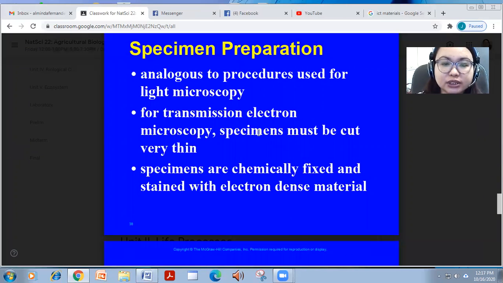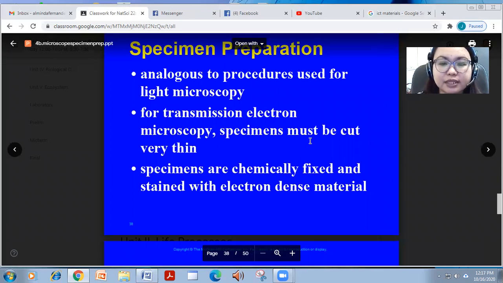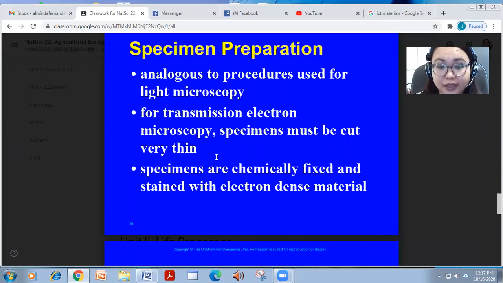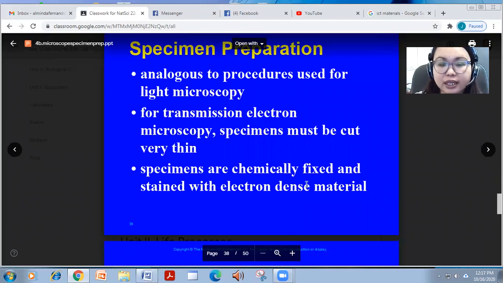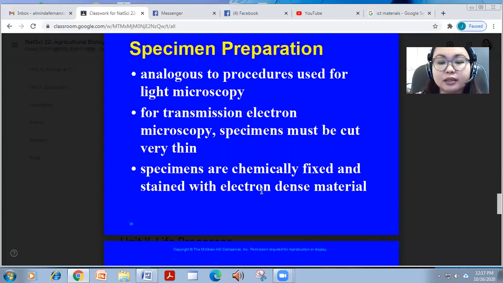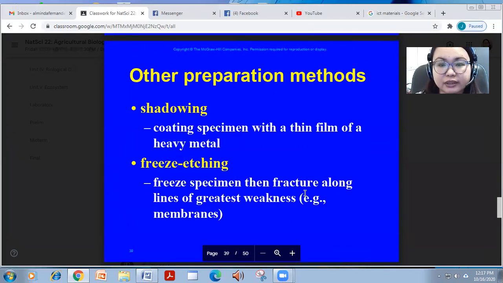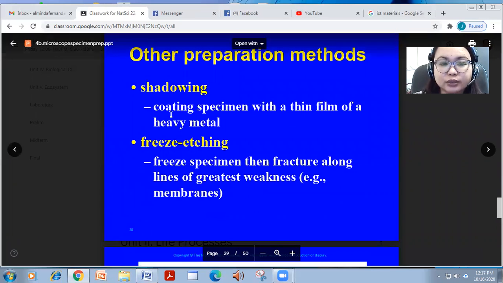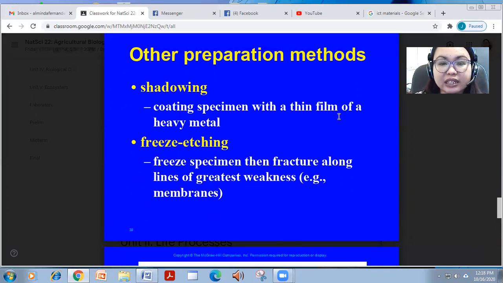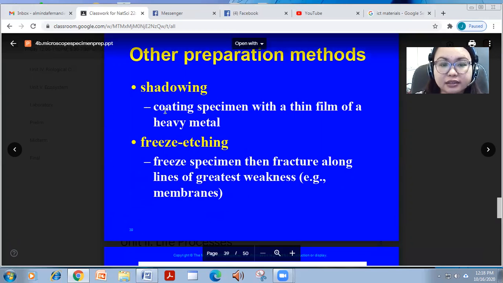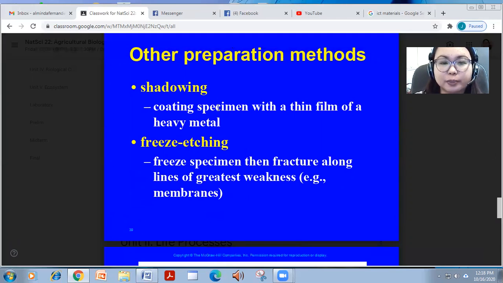For transmission electron microscopy, specimens must be cut very thin, chemically fixed, and stained with electron-dense material. So the staining agents here are electron-dense materials. We use shadowing, or coating the specimen with a thin film of a heavy metal. So shadowing is to prepare for electron microscopy.